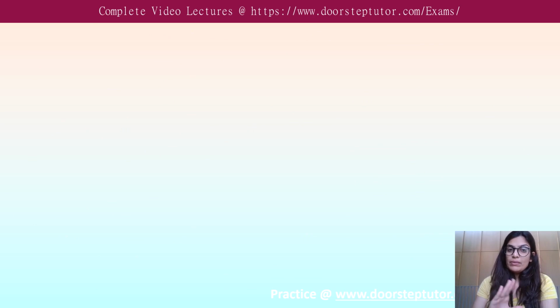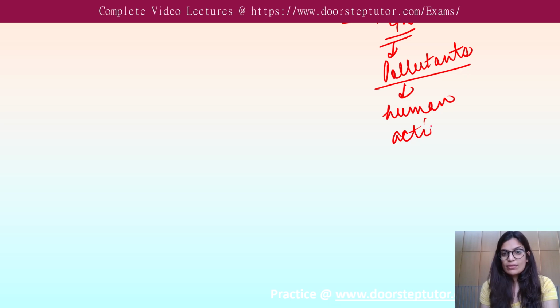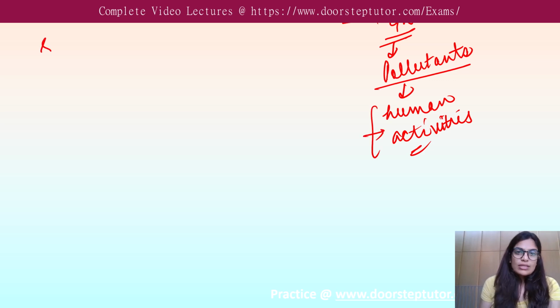Okay, now let's talk about pollution of groundwater. You know that groundwater can be contaminated by a wide variety of pollutants, and these pollutants are very closely linked to human activities. There is no doubt, we have discussed this also. So these sources are actually grouped into four categories.